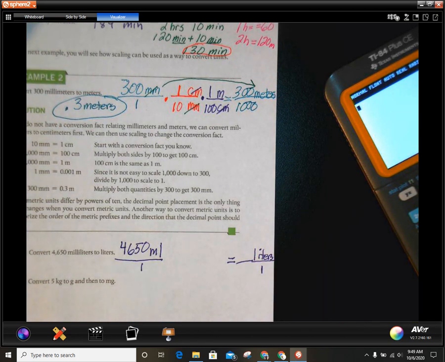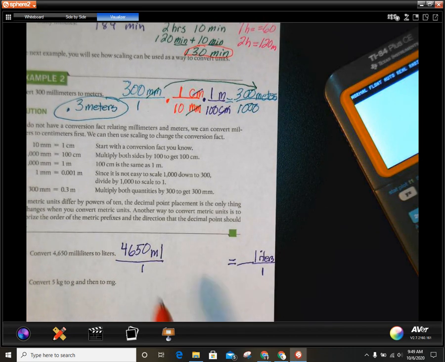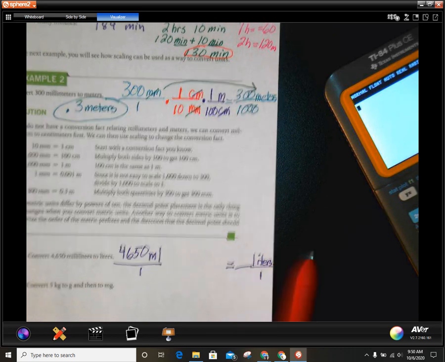Okay, so I'm going to go up here and in my chart and see if there's a relationship between milliliters and liters.